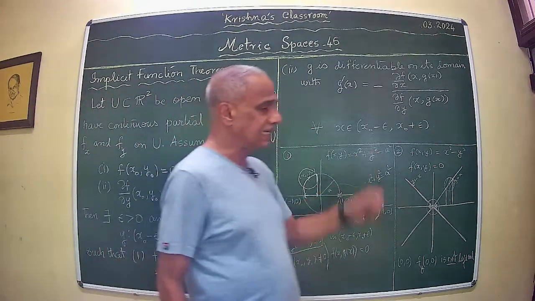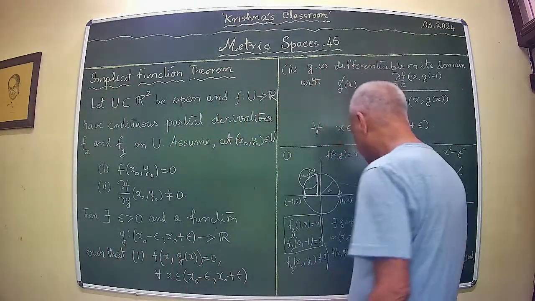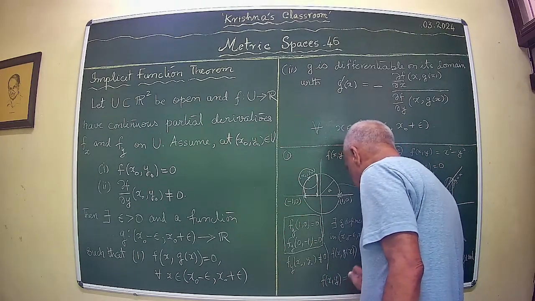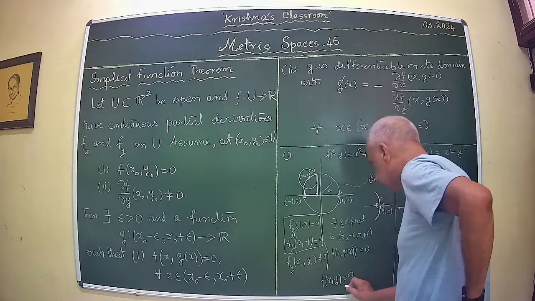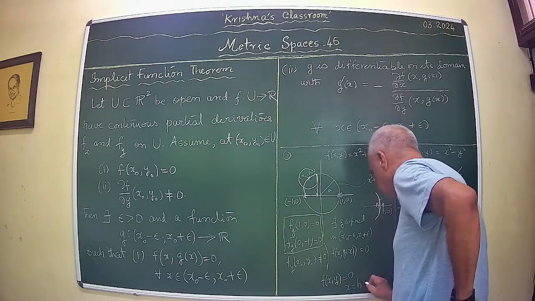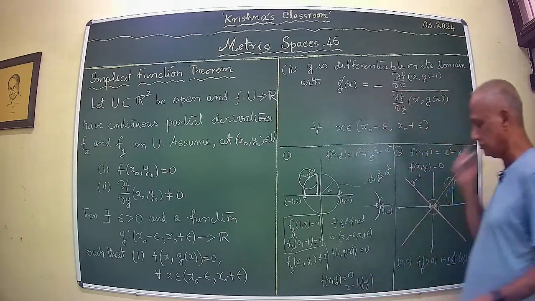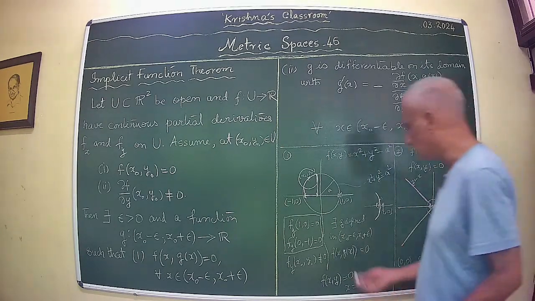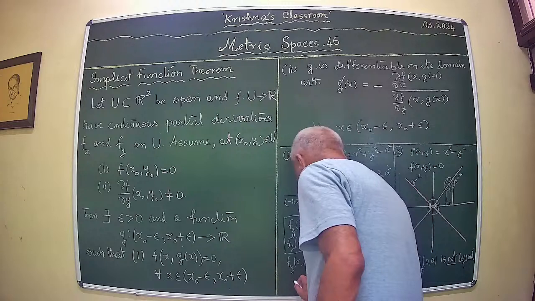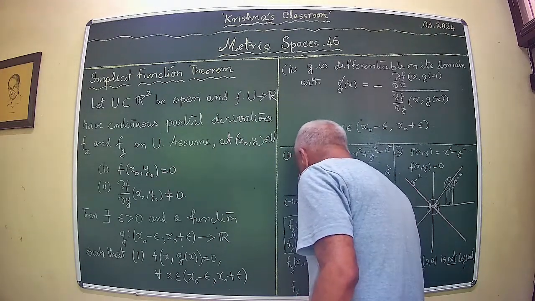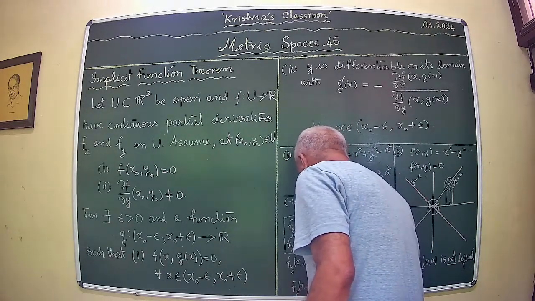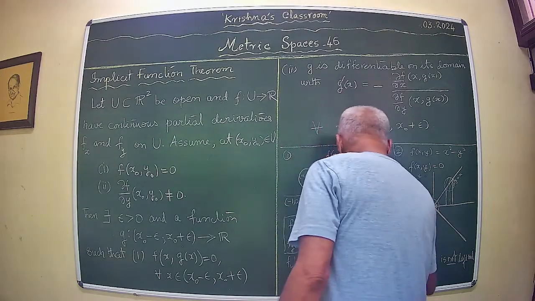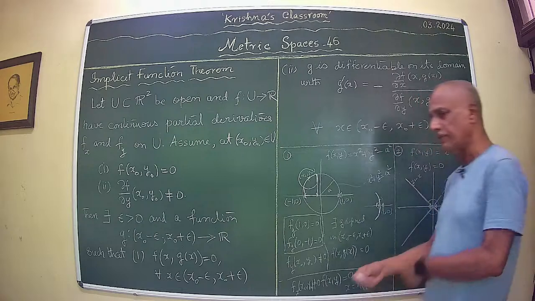That means in that case you will be trying to solve this equation f(x,y) equal to 0 in the form x as a function of h(y) on some interval. In that case, the corresponding condition is going to be that F_x is not equal to 0. So this is the other way in which you can make this up.